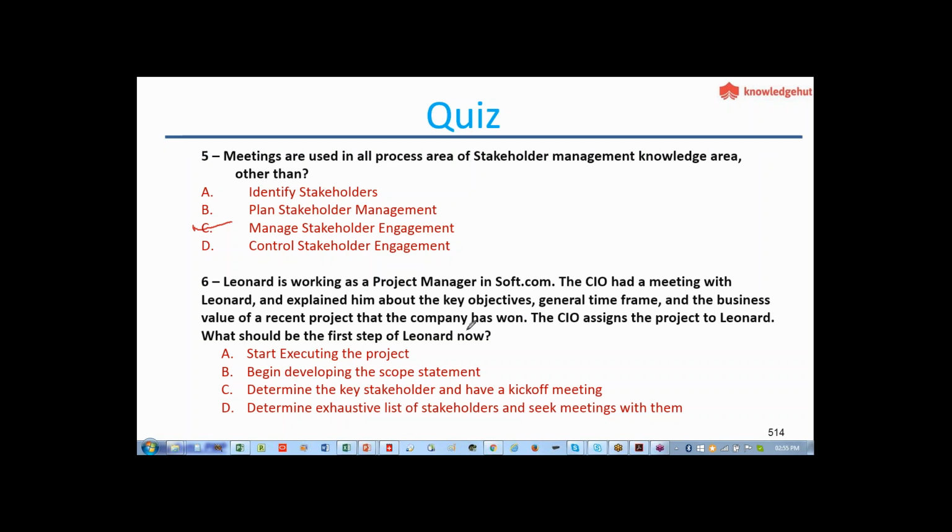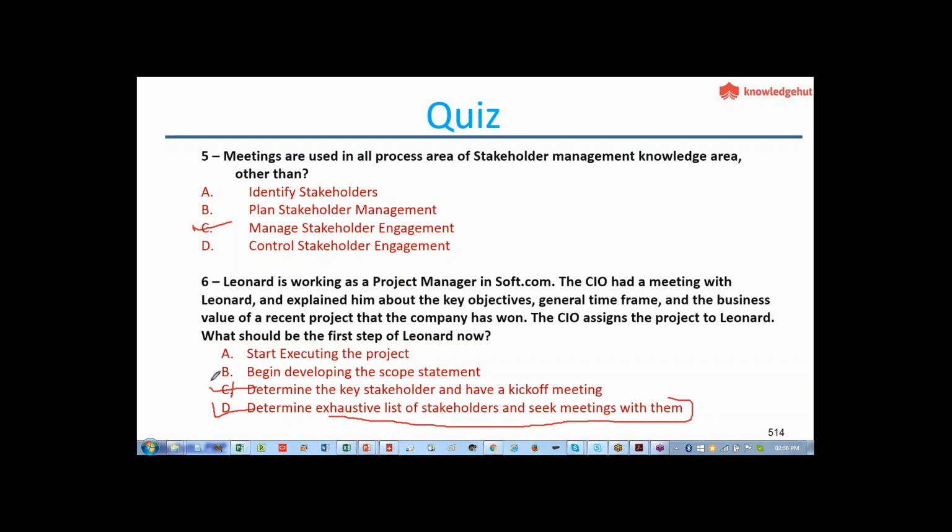C. Absolutely right, because it is not the key stakeholder. First, you have to determine the exhaustive list of stakeholders and seek meetings with them. So you have a kickoff meeting with the team. Is the exhaustive list of stakeholders something you do later on in planning?